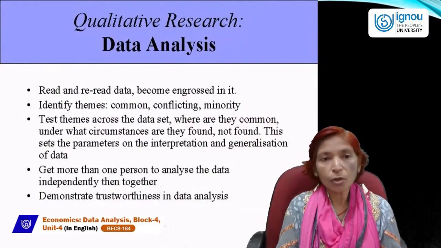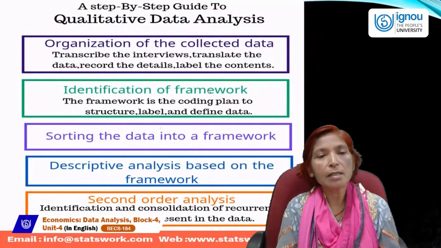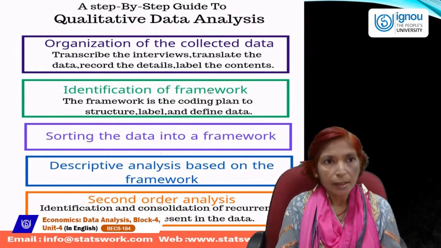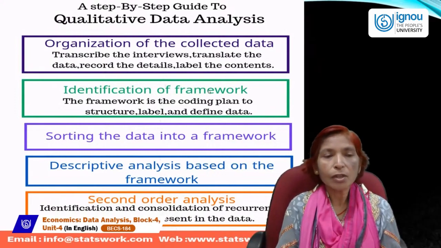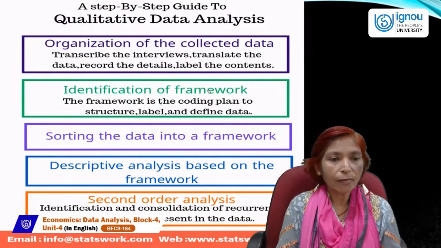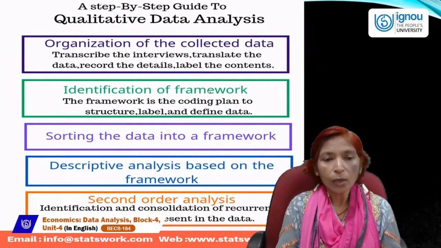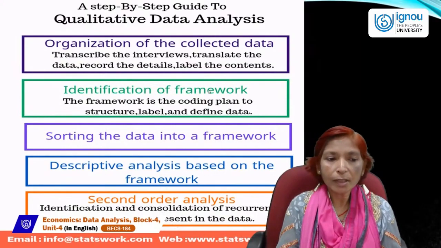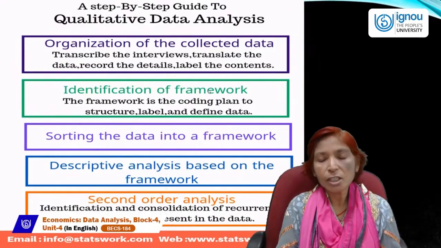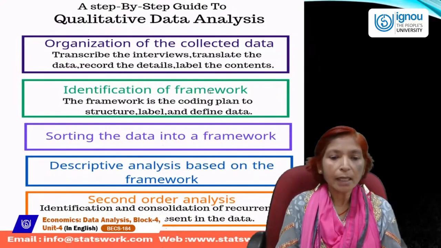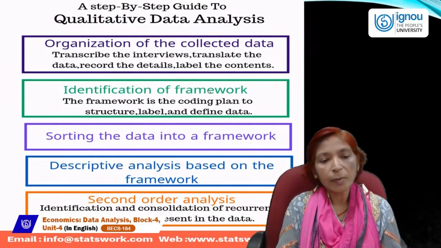Some research is based on quantitative data and some on qualitative data. In qualitative data analysis, first of all, we have to organize the collected data, then identify a framework, then sort the data into the framework, then do descriptive analysis based on this framework, and then second order analysis. So these are the steps of qualitative data analysis.